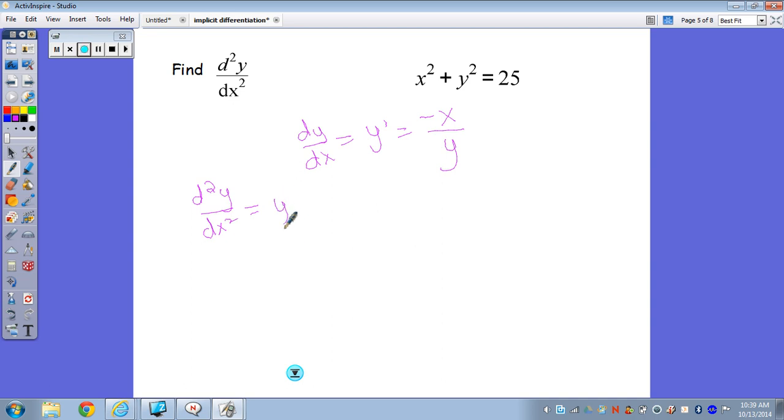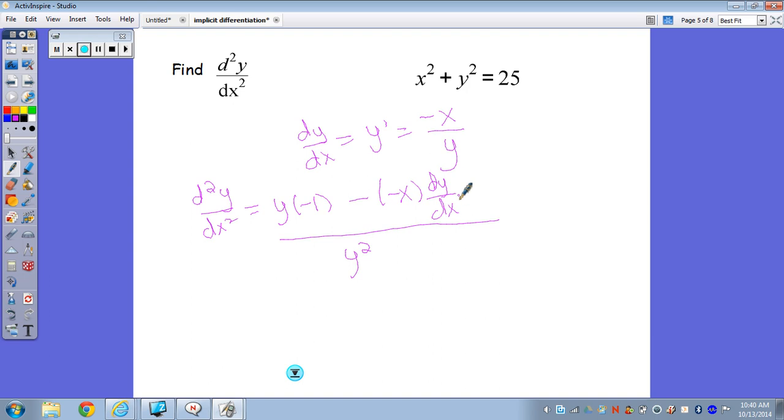So I'm going to do low times the derivative of high, which is negative 1, minus high, which is negative x, times the derivative of y, which we're going to write dy/dx, all over low squared, which is y squared. Okay, so we get that, and then when we do second derivative, we don't want dy/dx in there. We have to get it all in terms of just x's and y's.